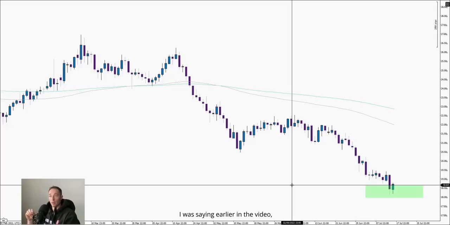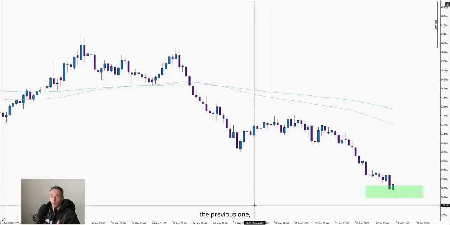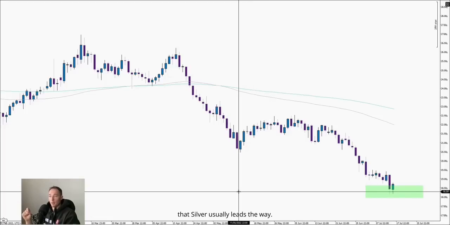I was saying earlier in the previous video that silver usually leads the way. What does that mean? It means that very often silver will make the move slightly ahead of time, giving you an insight into what the metal market is doing.